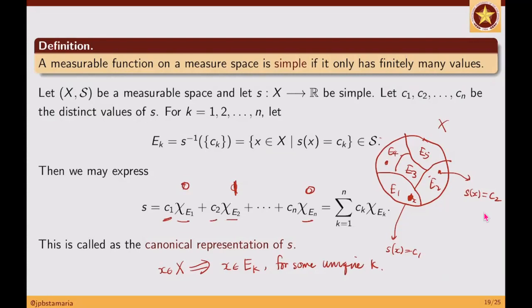C2. Did you understand? Pag si X ay nasa E3, si chi E3 naman ang 1, all the other chi's are 0. Kaya ganyan yung representation. Naintindihan niyo? Parang light switch. Pag 1 yung isa, all the others will be zeros.